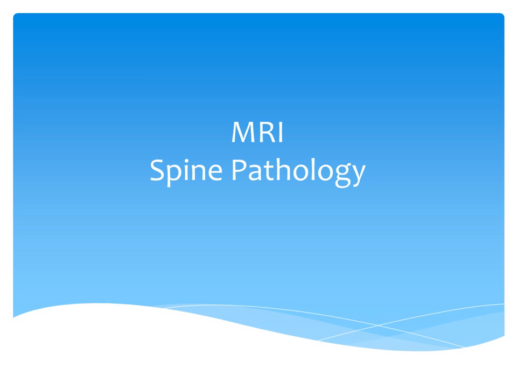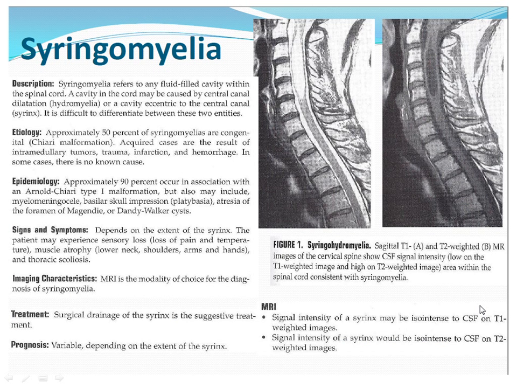All right, so I'm going to start with the MRI spine pathology lecture. I don't know if you guys have had a chance to see it yet or not, but I'll just be going over each slide as we go. So the first thing we're showing here is called syringomyelia, or some people call it syringohydromyelia. That's just a semantic difference between what is the origin of the abnormality.